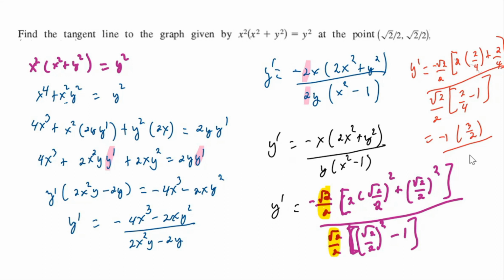So we have here negative 1 half. Now, the final answer will give us, dividing negative 3 halves by negative 1 half, the answer of 3. So the final answer is equal to 3.